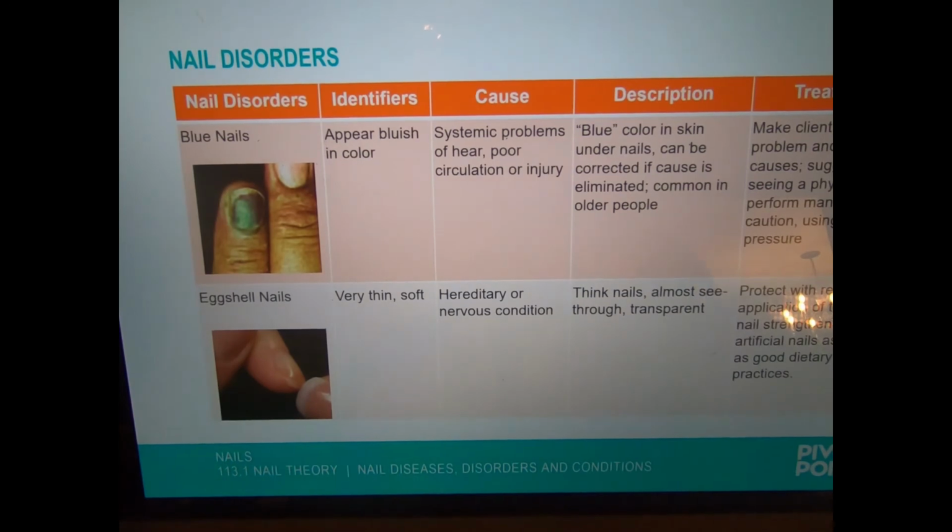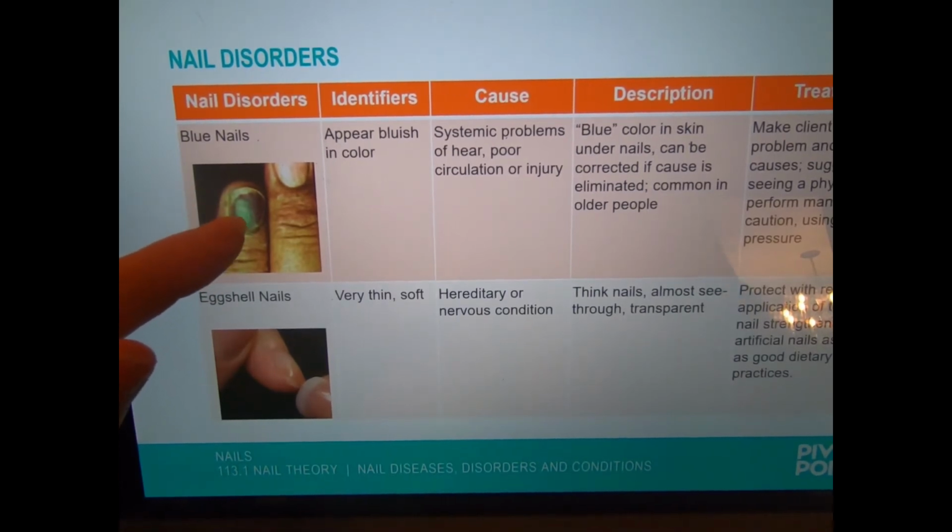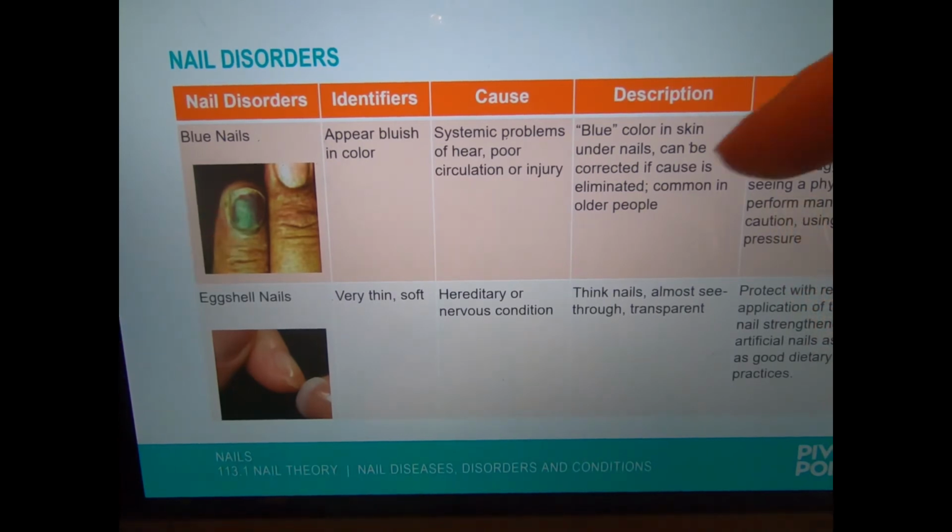Okay, now, nail disorders rather than diseases. Blue nails. This one's easy. You don't have enough circulation. So the person might have a heart problem, poor circulation, or injury. You might suggest they see a physician if they're unaware of why it's blue, and just be gentle with it.